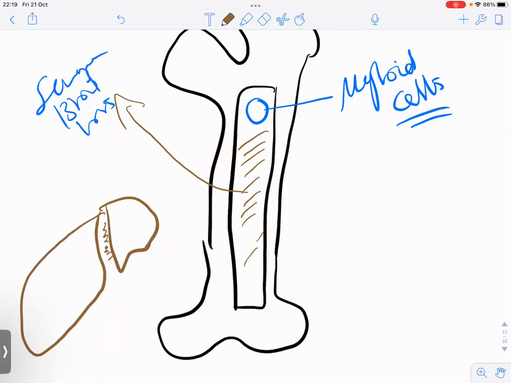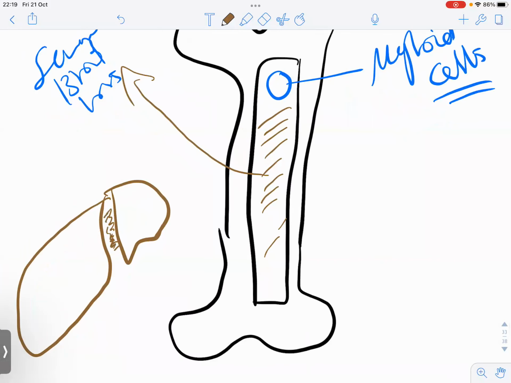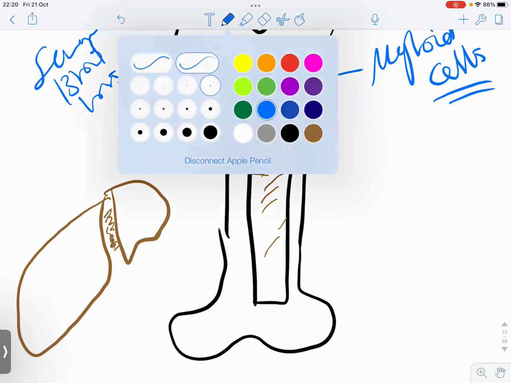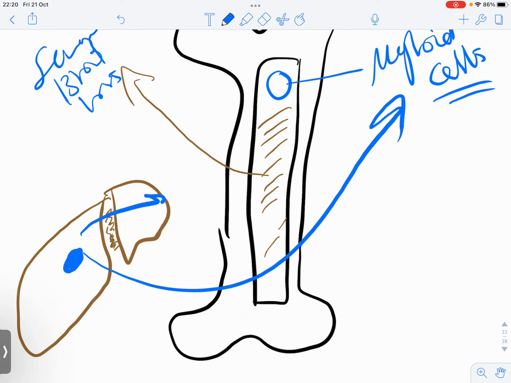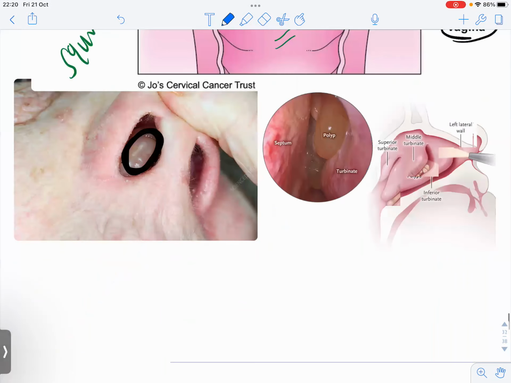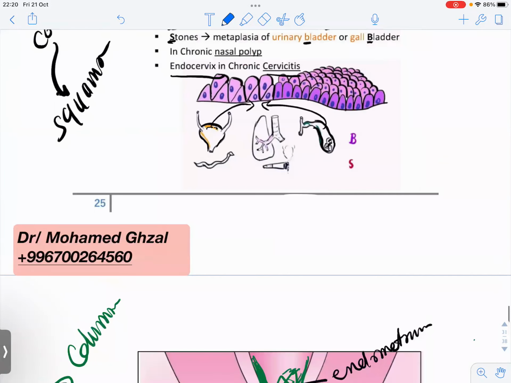I will help the bone marrow." So I will transform some tissue into myeloid tissue to help production of blood cells. So it's called myeloid metaplasia of the liver.